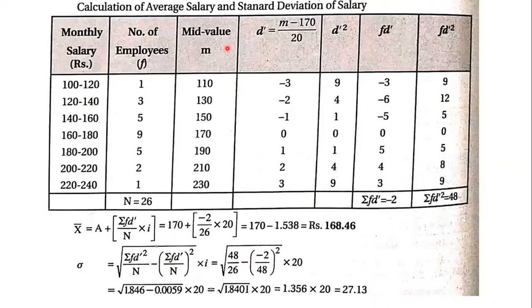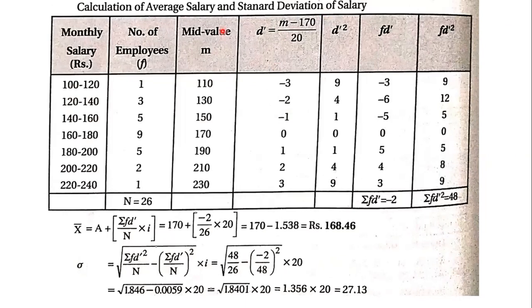Then find out the mid value: 100 plus 120 by 2, 120 plus 140 by 2, 140 plus 160 by 2, that will give you the mid value. After this, we are going to consider D dash. How do we find D dash? What is the formula? M minus A by I, that is assumed mean by I, that is 20.